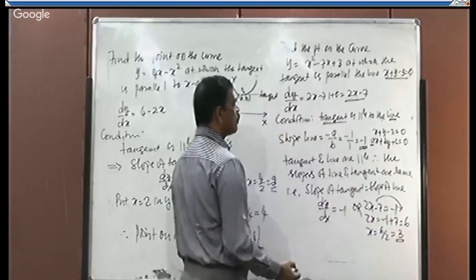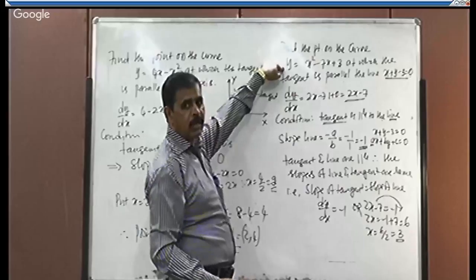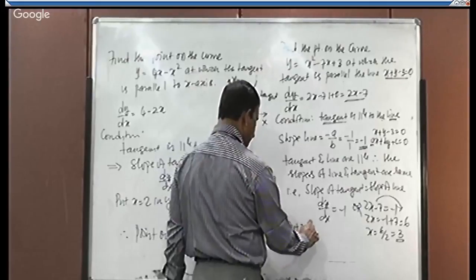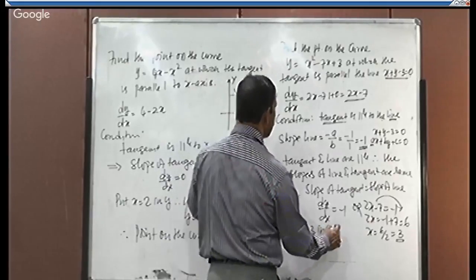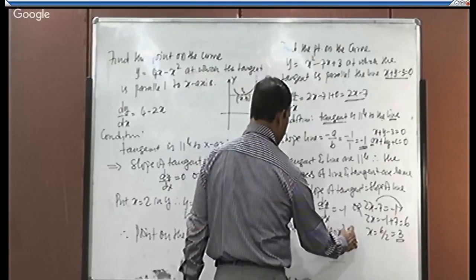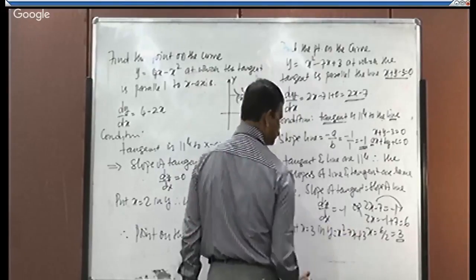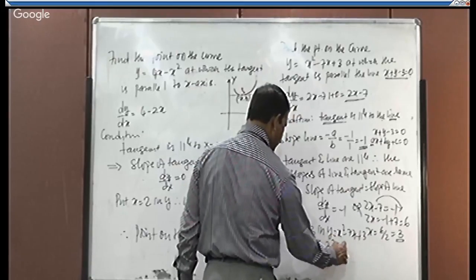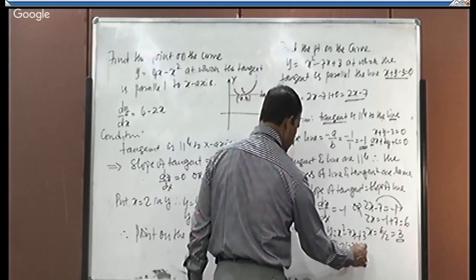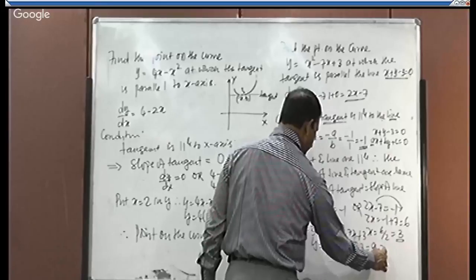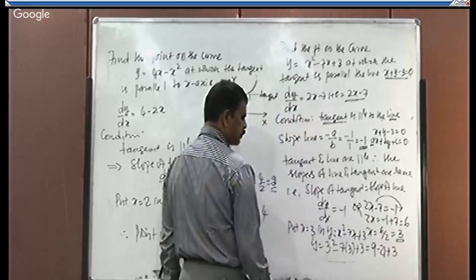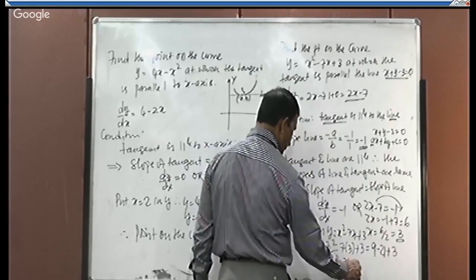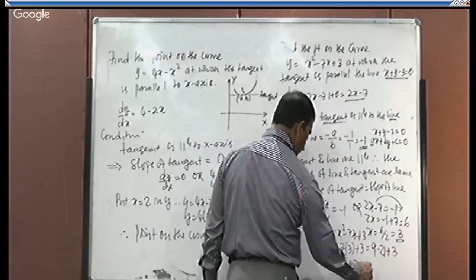If I substitute x equal to 3 in the given y, you will get the other coordinate. Put x equal to 3 in y is equal to x square minus 7x plus 3. That is 3 square minus 7 into 3 plus 3, which is 9 minus 21 plus 3. 9 plus 3 is 12, and 12 minus 21 is minus 9.